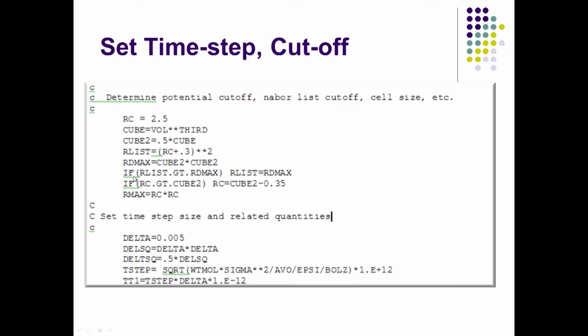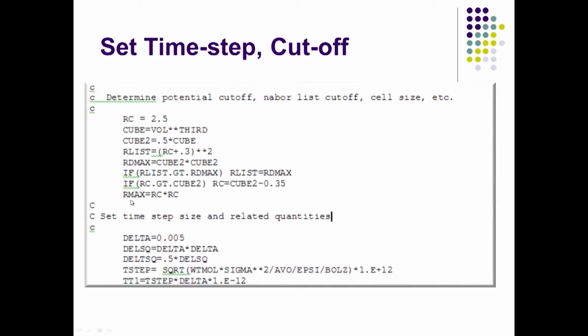We are also looking at the list. Now we are creating some logical statements like if R list is greater than RD max, then R list is equal to RD max, and if RC, which is the cutoff radius, is greater than cube 2, then RC is equal to cube 2 minus 0.35. This is how you are working inside the box with different kinds of R factors, which are the position vectors.